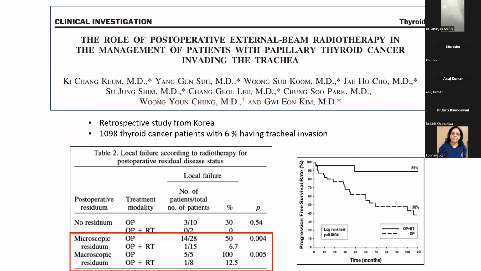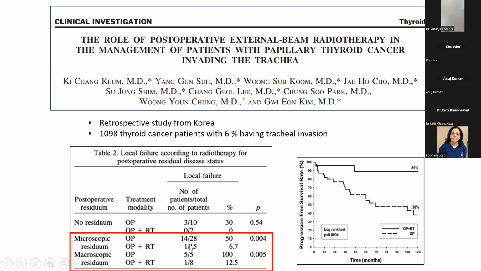So one of the studies which was published by Kim et al., again a big retrospective study from Korea, and which had 1,098 thyroid cancer patients with 6% having tracheal invasion. We can see in this table that OP is for operation and OP plus RT is surgery followed by radiotherapy. So in microscopic as well as macroscopic residual disease, this shows this is when the trachea is involved.